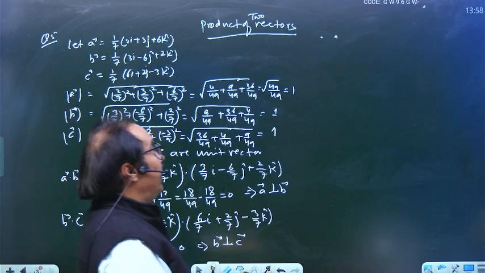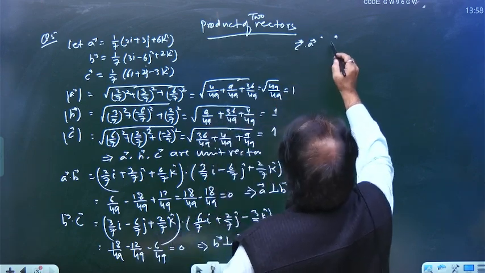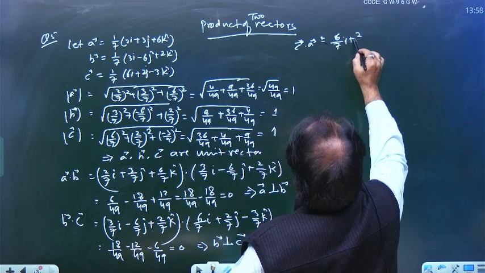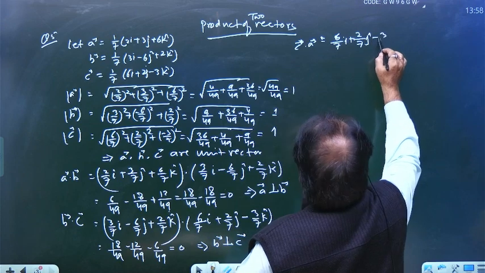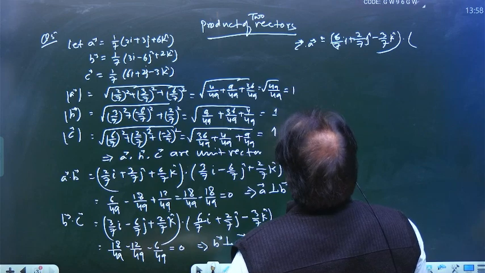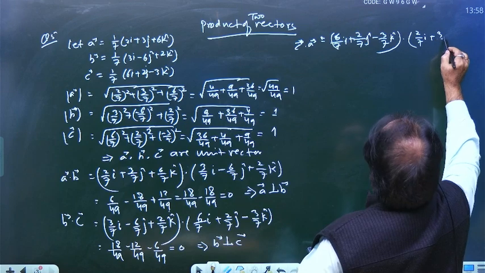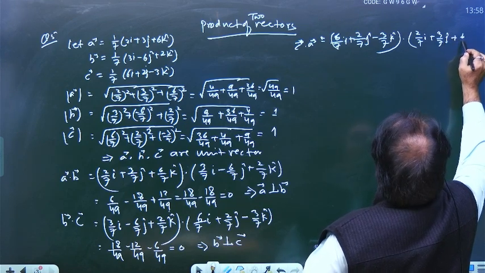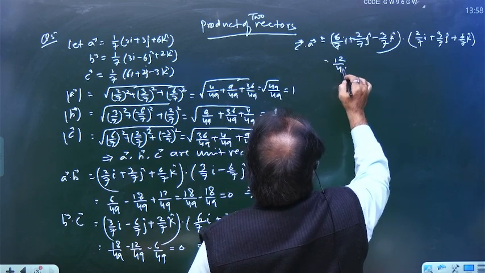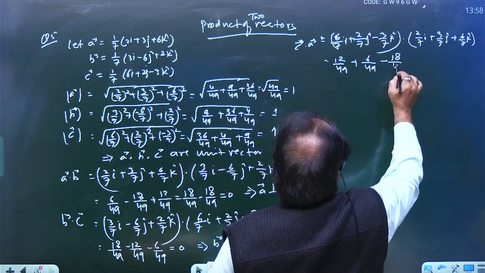Okay, now we will find C dot A. So vector C is equal to 6 by 7 i cap plus 2 by 7 j cap minus 3 by 7 k cap, dot A, which is 2 by 7 i cap plus 3 by 7 j cap plus 6 by 7 k cap, and find the dot product. 12 by 49 plus 6 by 49 minus 18 by 49.